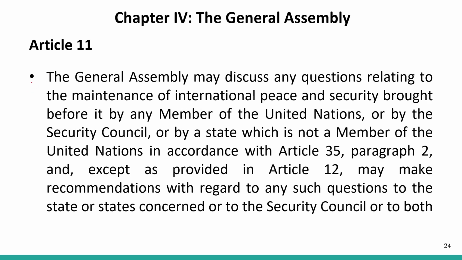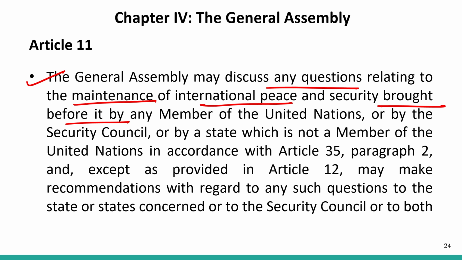It is also saying that the General Assembly may discuss any question relating to the maintenance of international peace and security brought before it. Now, it is important here that the question which is in relation to the international peace and security, if brought voluntarily, then obviously it will make a difference.